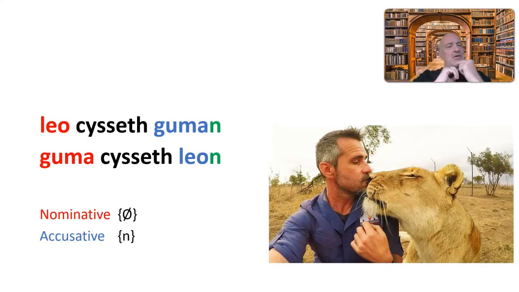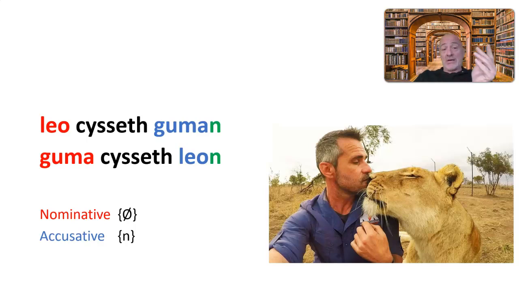One more sentence, Old English. Leo kisseth Gumman. And you see, Guma is the man, and Leo is the lion. Who kisses whom is denoted by the ending here. Leo, nominative, kisseth whom? Gumman. You need the n, then it is clear that he is being kissed.